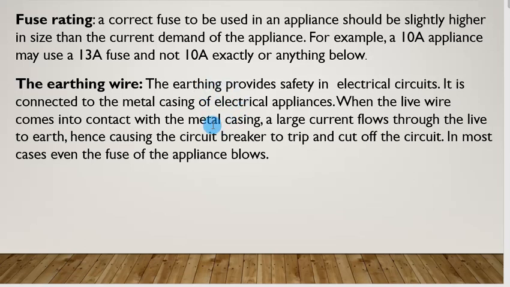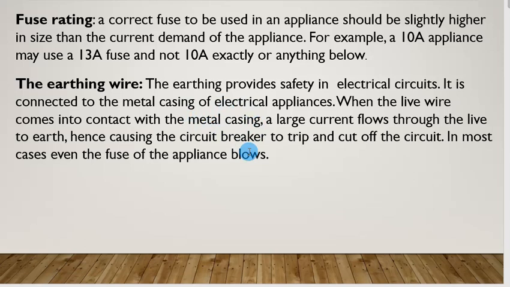What that simply means is that when current flows through the earthing, there is a large current. Like I said, the earthing has a path that is almost negligible in terms of resistance, so it allows a larger current to pass through it than usual.